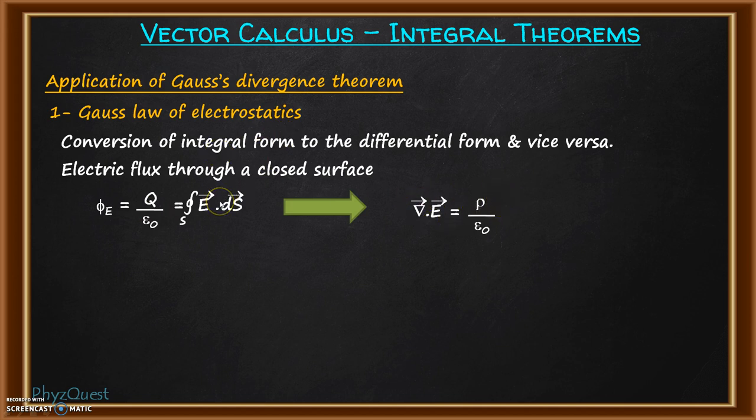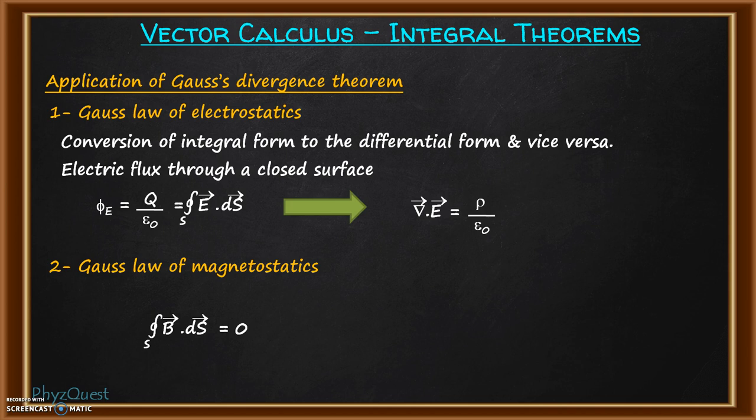Now in a similar fashion, we have Gauss law of magnetostatics. It's very much similar. The only difference is the electric field is replaced with the magnetic field, and here the integration over a closed surface of B dot dS, B is your magnetic field, is equal to 0.